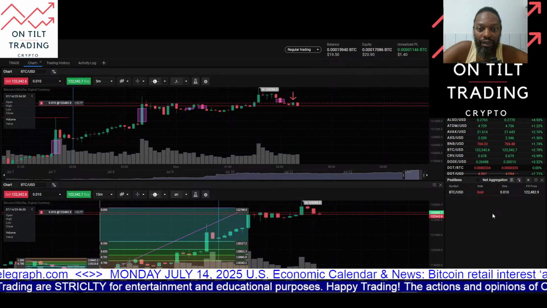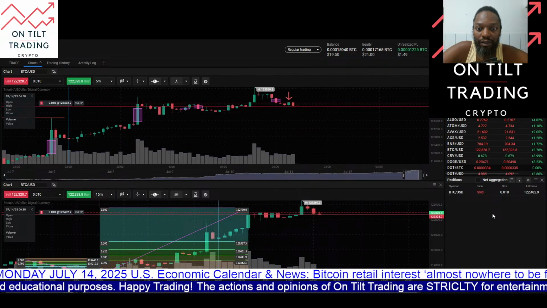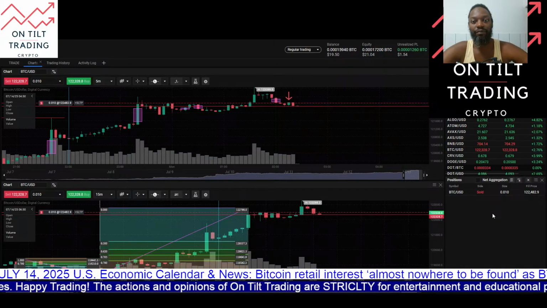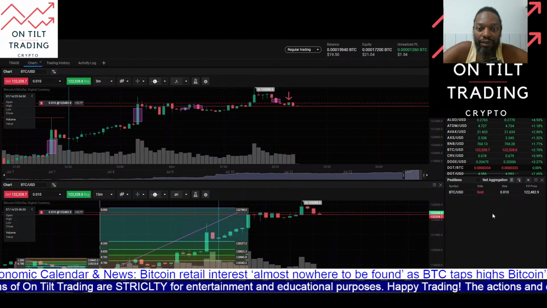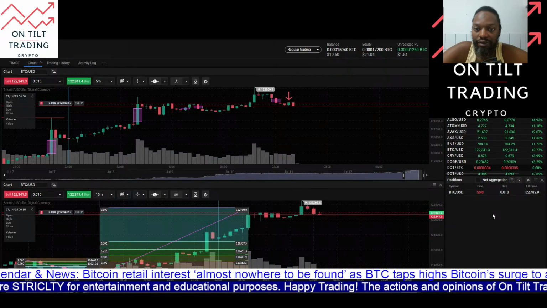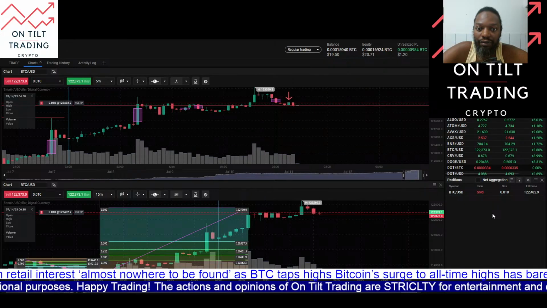This trade is working out so far. New 5-minute candle here. Getting some sell side delivery initially here. Now consolidating. I'm going to let this trade play out.